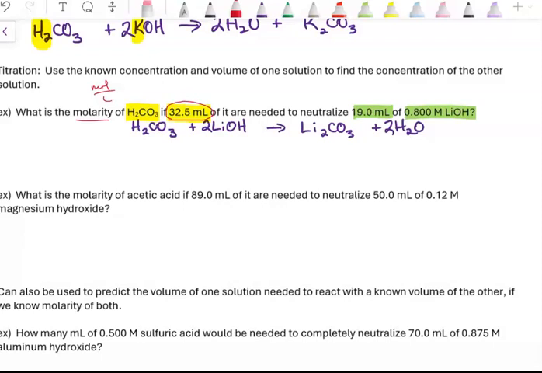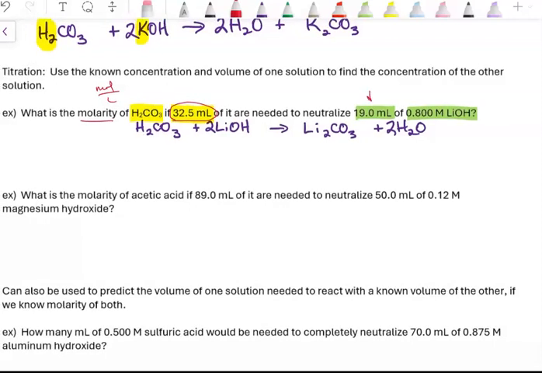And we can find the moles by starting with the volume of the known solution. So in this case, 19 milliliters or 0.019 liters of LiOH. So that we can convert to moles, right? Because we know the molarity. So the molarity of the LiOH in this case is 0.8 molar.